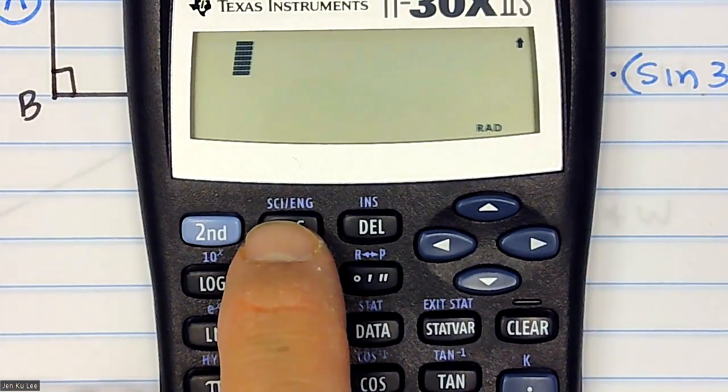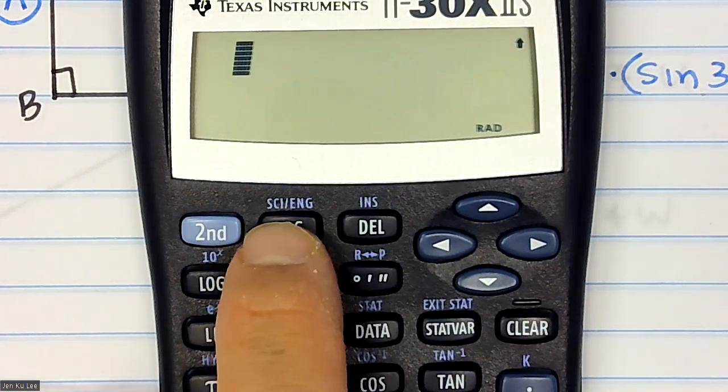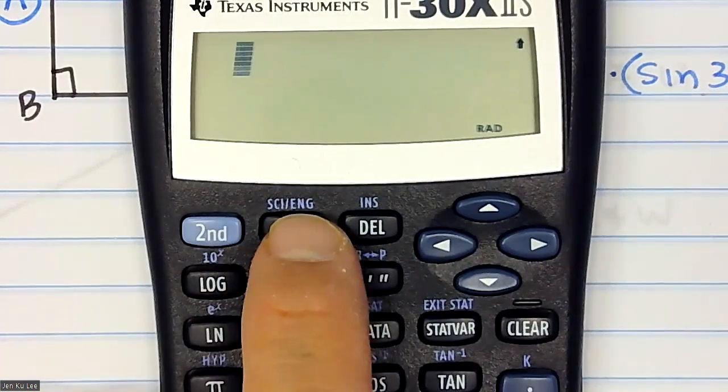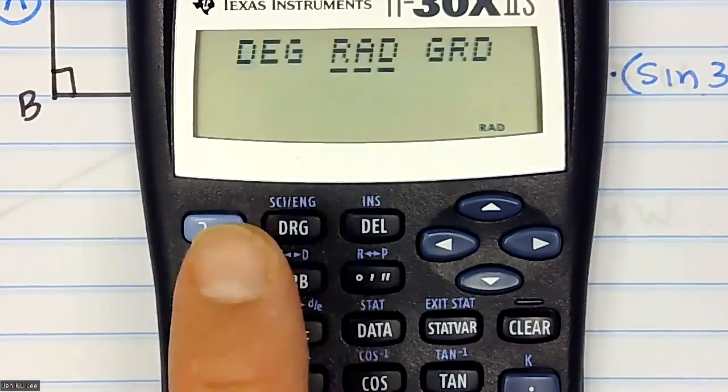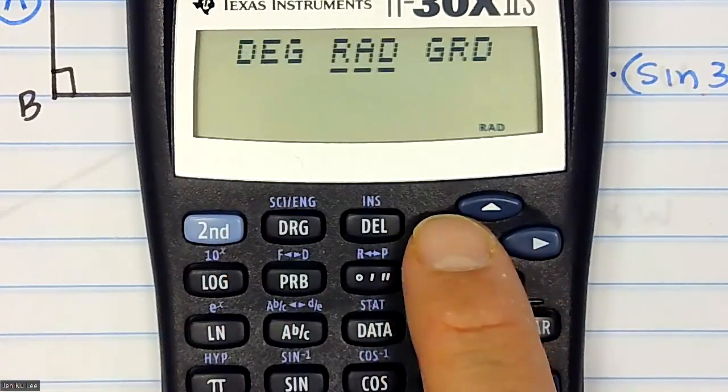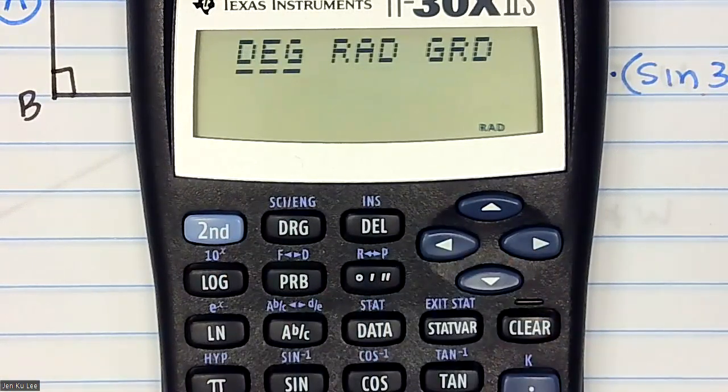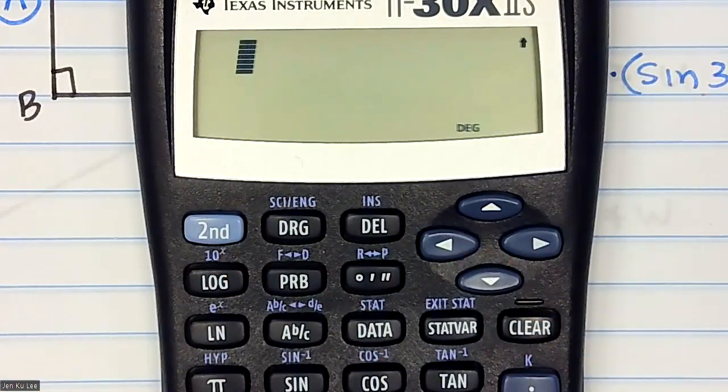If you're having trouble finding it, just look up, and I'll help you individually after this. So click that DRG button and make sure you click DEG, and now it's in degree mode. If you're in radian mode, your answer will be incorrect.